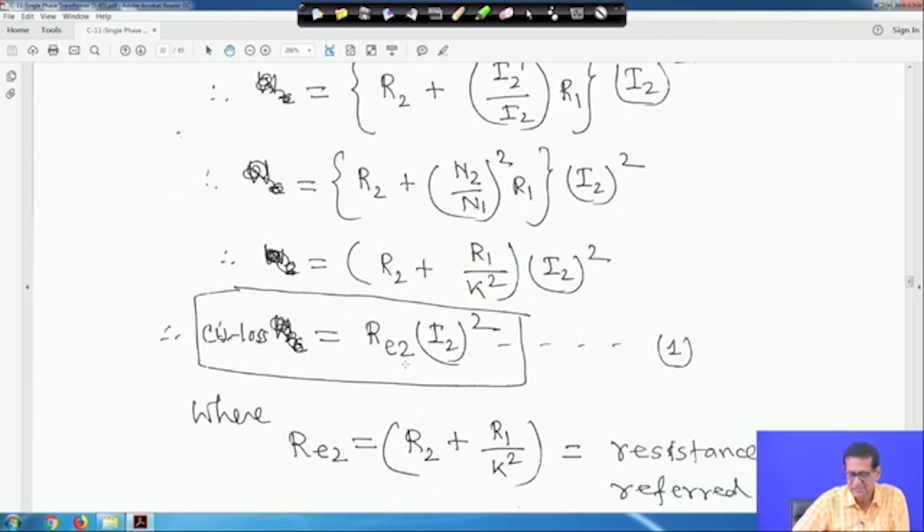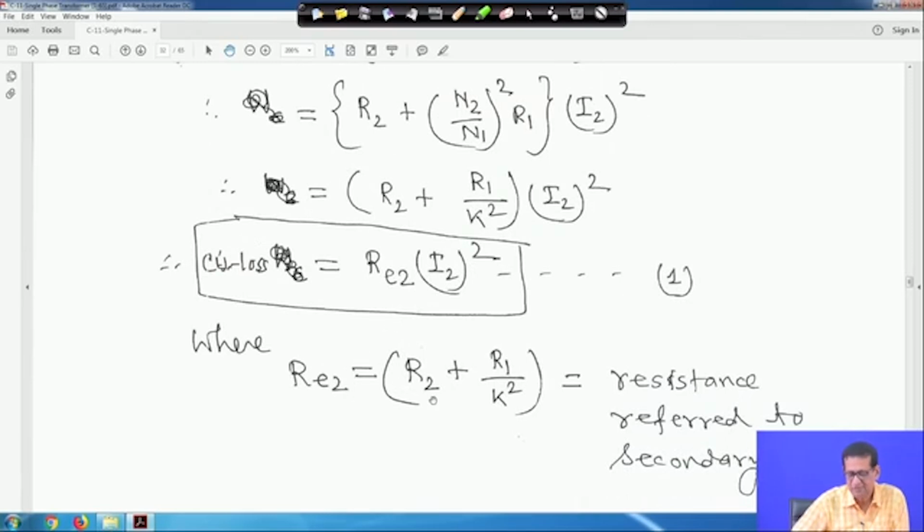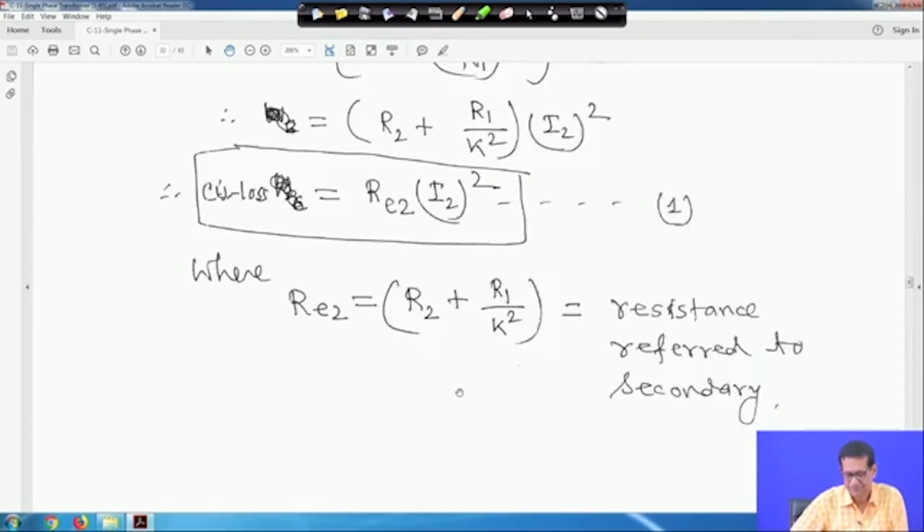Therefore, copper loss will be Re2 into I2 square. This Re2 is the equivalent resistance referred to the secondary side. If you take it on the primary side, it will be R1 plus k square into R2, but we have made it referred to the secondary side.